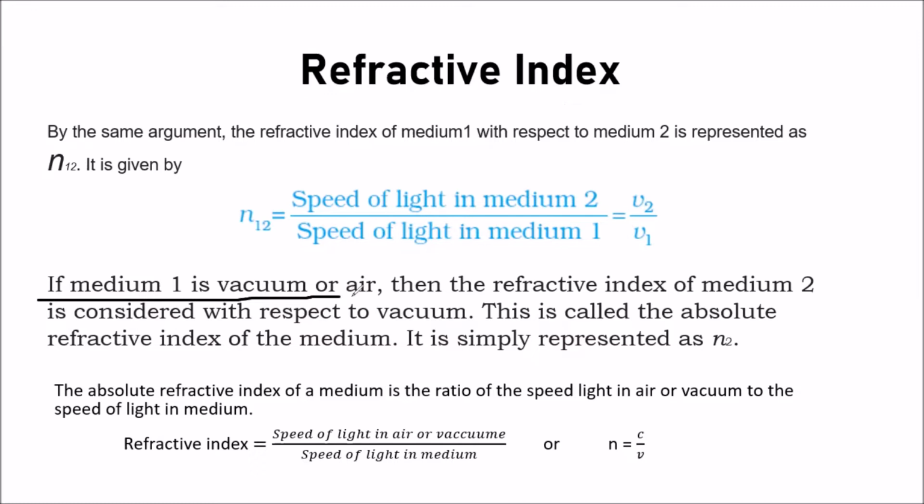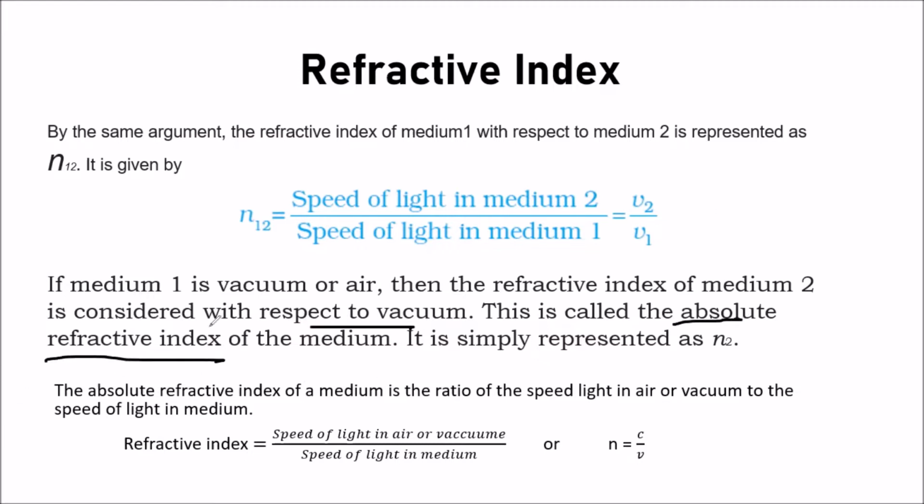Now, if medium 2 is vacuum or air, so let's say light is coming from vacuum or air, then we don't have to mention it like this. Then we'll just write n1. For this case where the light is coming from vacuum or air, the refractive index of the medium is considered with respect to vacuum, and this is called absolute refractive index.